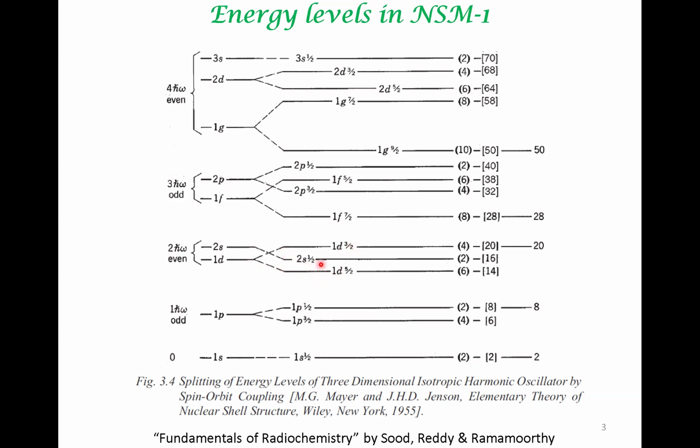So for different L quantum numbers, you get L minus S or L plus S. Here L corresponds to 3, so L plus S corresponds to 7 by 2 and L minus S corresponds to 5 by 2. Here, this is small n, this is the L quantum number, and this is the J quantum number.